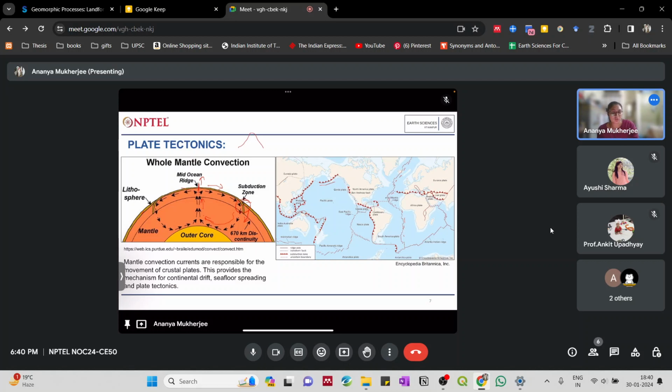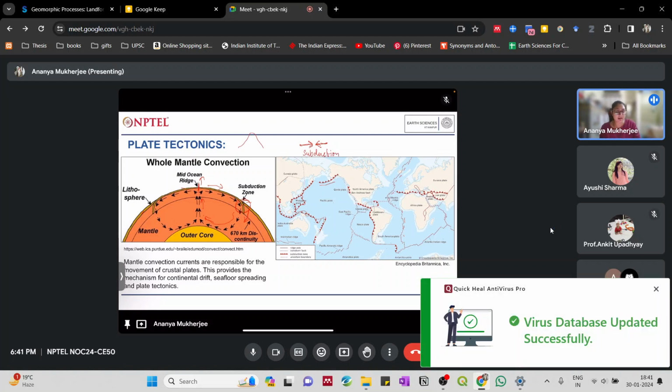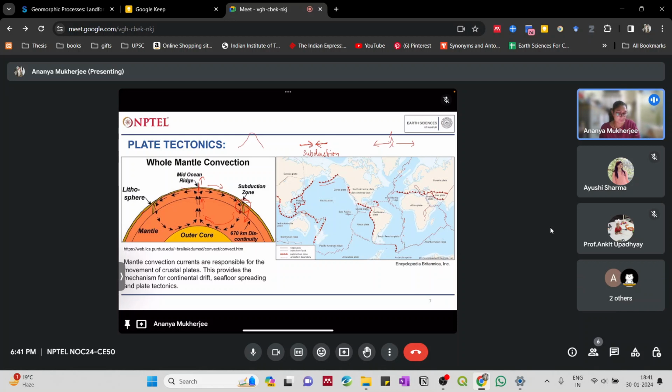Considering only oceanic plates right now, if they are converging or coming towards each other, this is called subduction. And if you have the oceanic plates going away from each other and newer material coming out from here, these are called ridges.